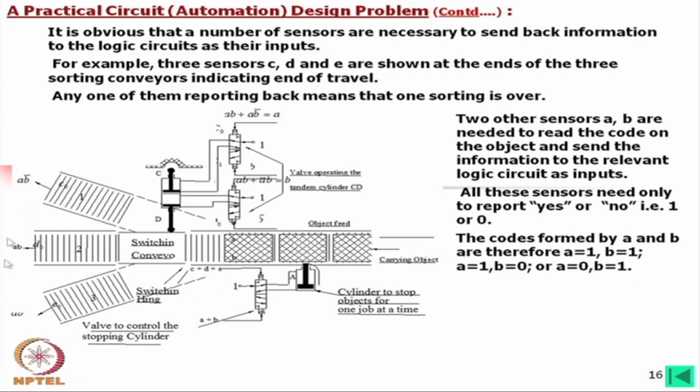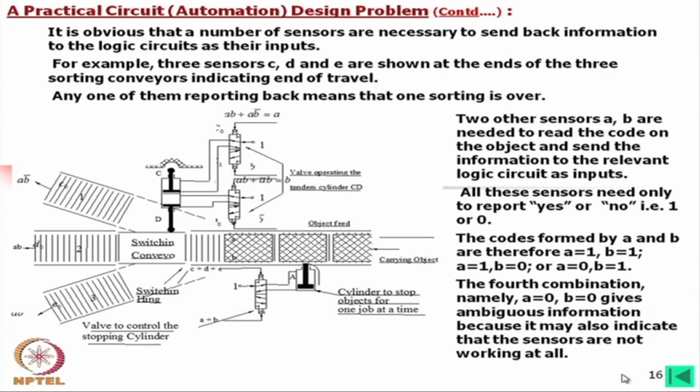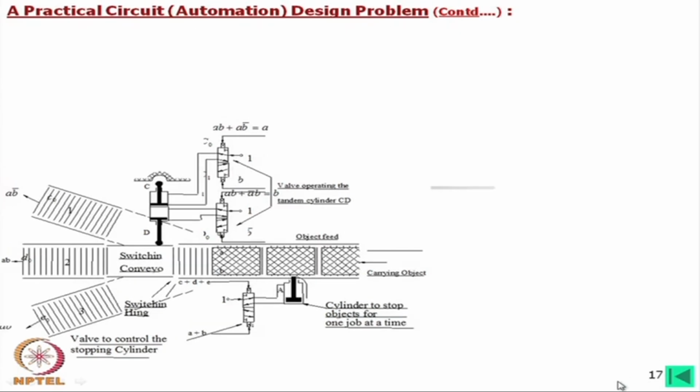So, these three codes are there. Okay. The fourth combination, namely A is equal to 0, B is equal to 0, gives ambiguous information, because it may also indicate that the sensors are not working at all. So, whether A is equal to 0 and B is equal to 0, you have to check some devices, then this is not an object either, or maybe the sensor is not working, something like that.